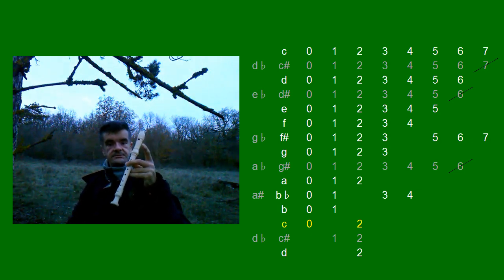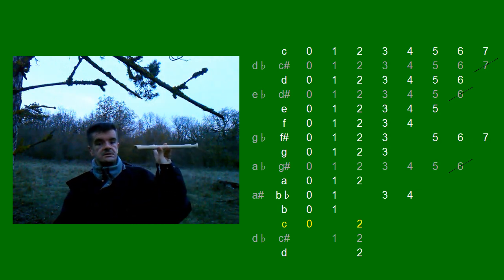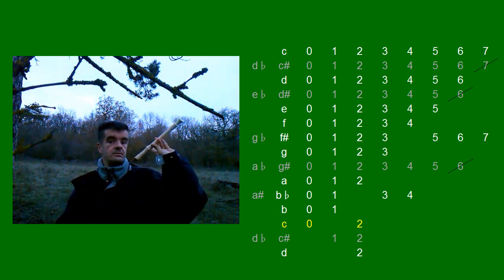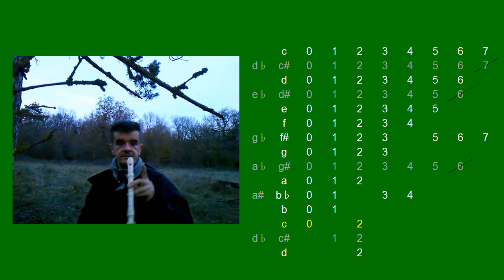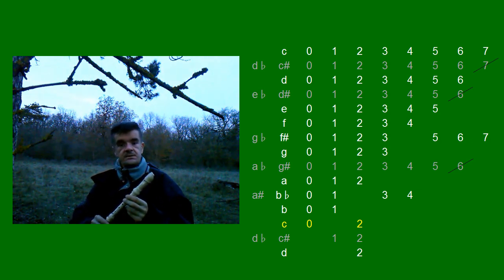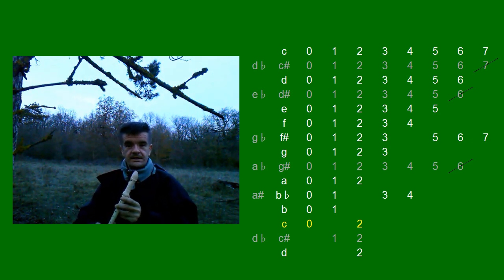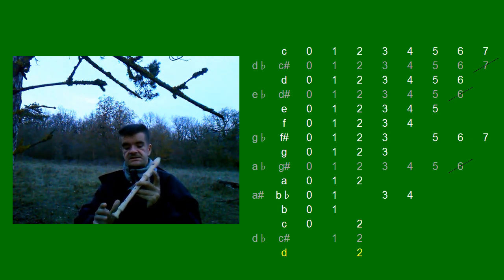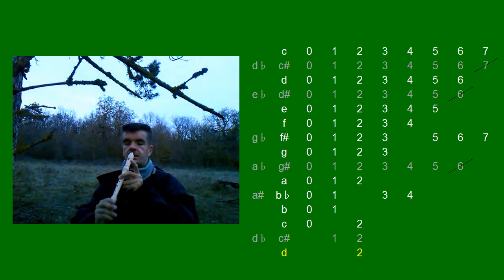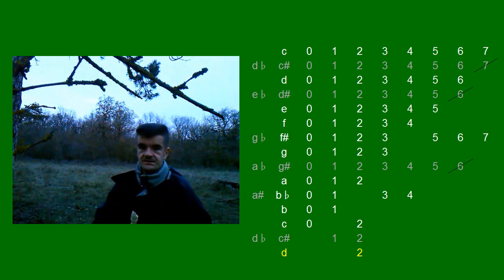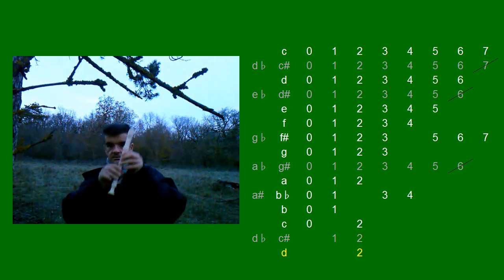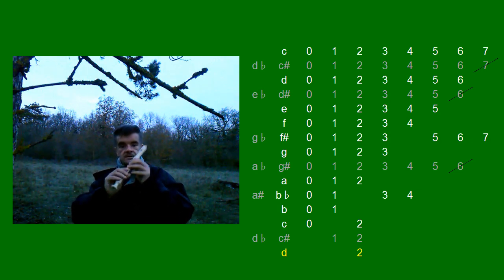Do not lift the first hole, and cover the back hole, the hole at the back. Then you have C, upper C. And now we only need upper D, which is quite easy. You only have to cover the second one. And then you have a D, an upper D. We have had the lower one and the upper one.